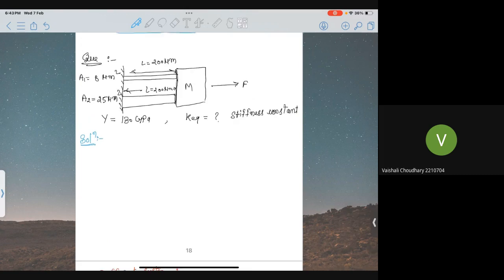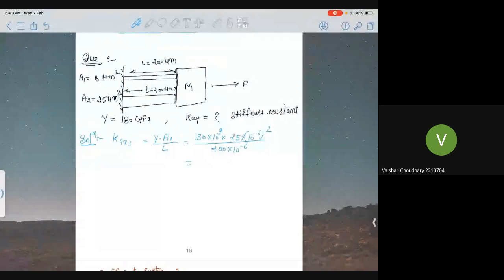So the solution is: spring constant in the axial direction for beam 1, which is Y times area A1 over L. Let me calculate this. 130 gigapascal and 25 micrometer square.